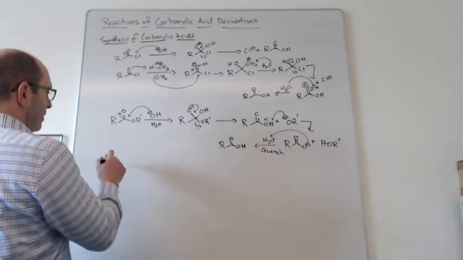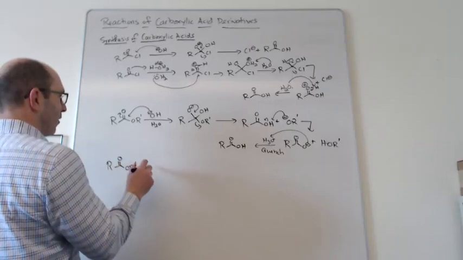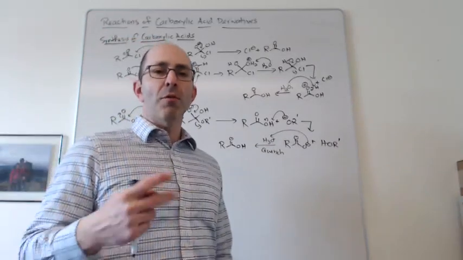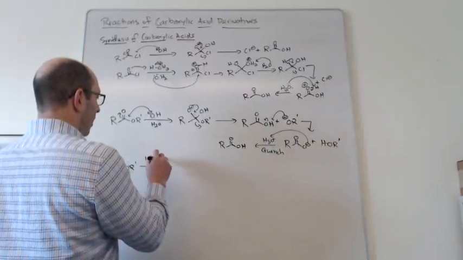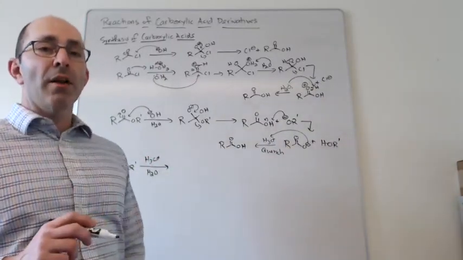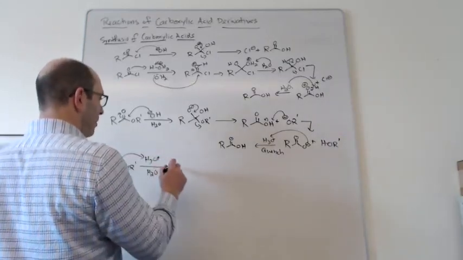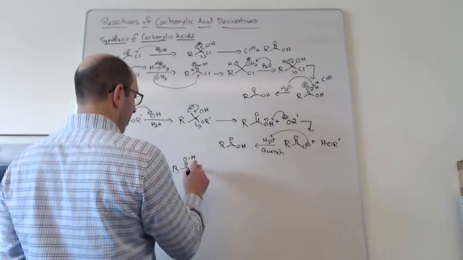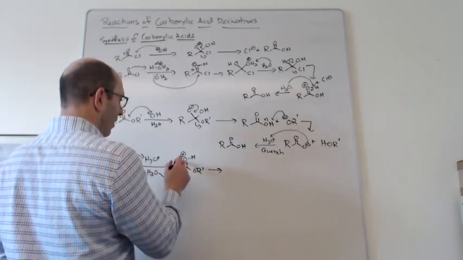We can do hydrolysis of this in acid. It's going to be the reverse of a Fischer esterification, right? And again, this is another place where the Fischer esterification is a reversible reaction. So depending on whether you have a lot of water or not, you can go one way or the other. So if you add a lot of water, you're going to get to the carboxylic acid, right? So acid and water, again, we're going to protonate. Water can add.